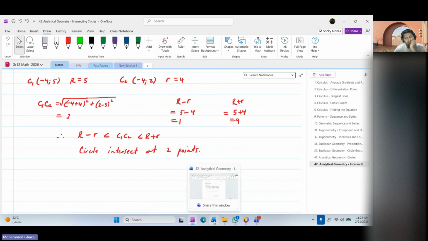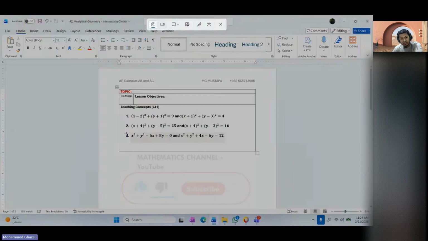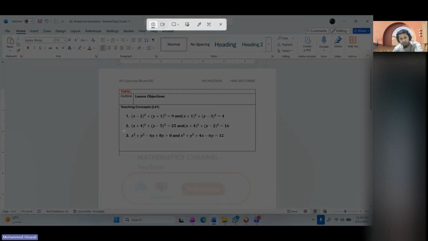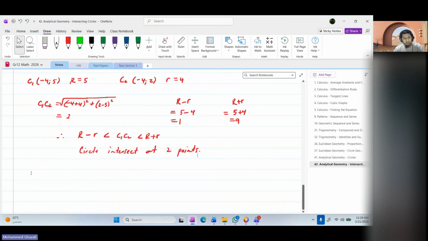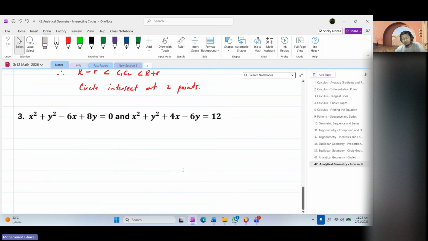And then the last one. For the last one, full equations are given. Because full equations are given, we need to complete the square and then find the center and the radius. So a little bit of work to be done there, but it's easy because you just need to complete the squares. So let's complete the square for this first one.